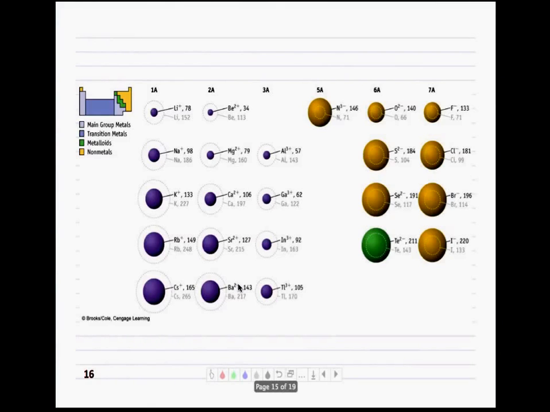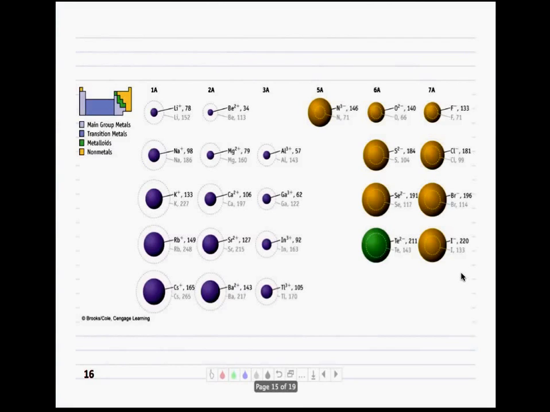Now for 5A, when we get to the anion side of the periodic table, again the trends keep going the same. As we go down the same group, the radius increases.